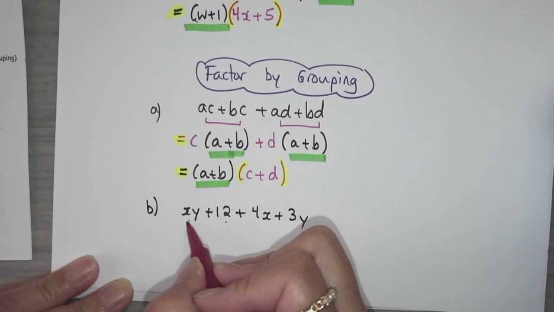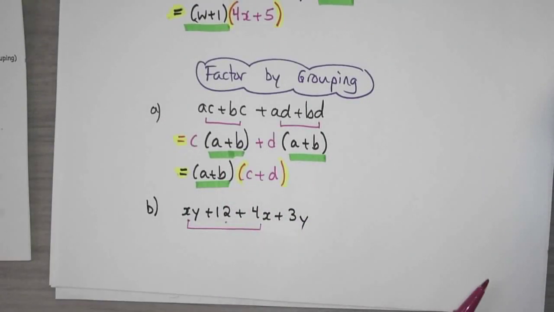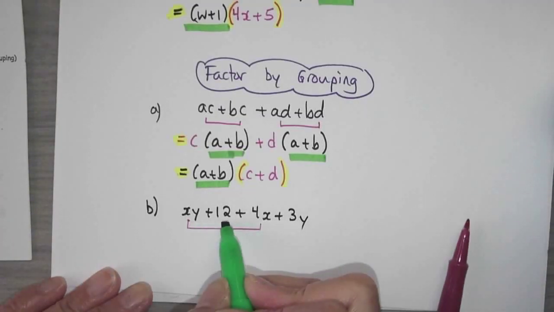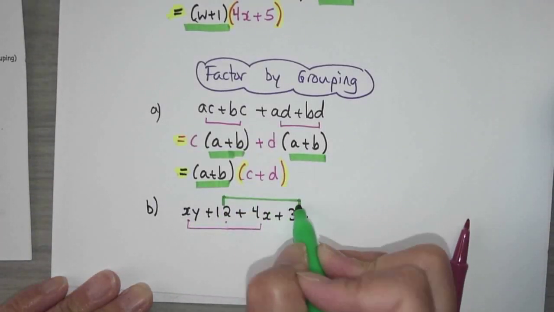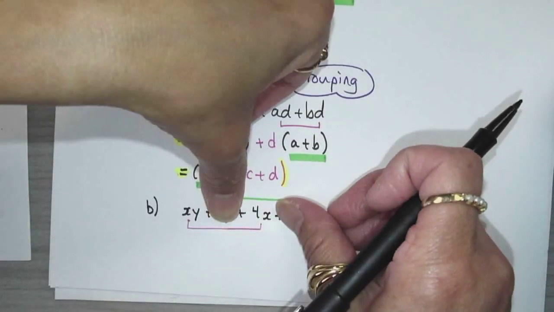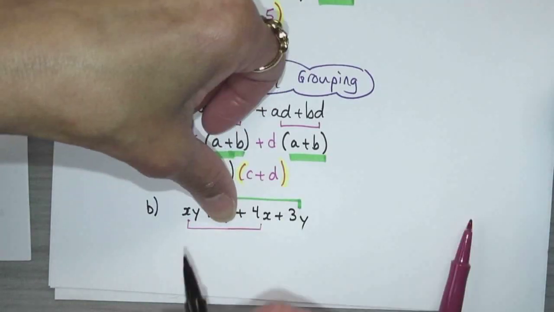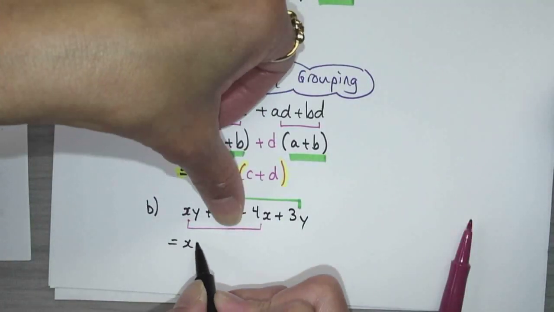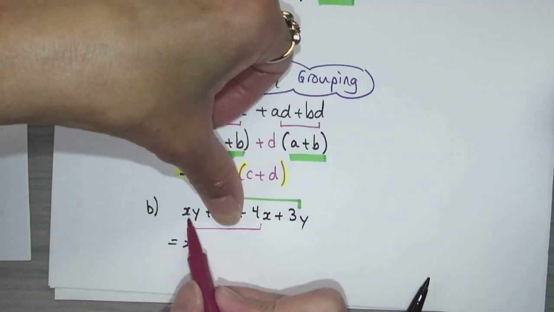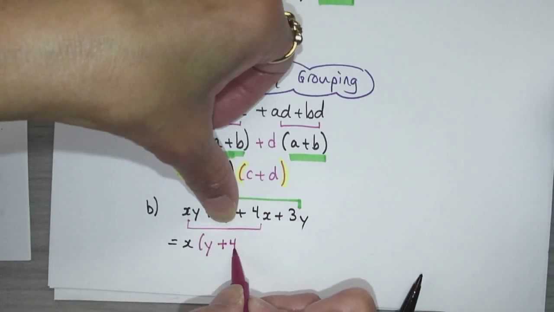So you're going to go this first one with the third. You don't have to physically rearrange it, but you're looking at it. So you say, okay, my partner here doesn't have the same thing, but can I just skip over and rearrange it like that? So then you go, okay, ignore the 12, so we're looking at those two. Is there something common? Yeah, right? So that one I can take out the x, and what's left over is y plus 4, right, for that one.